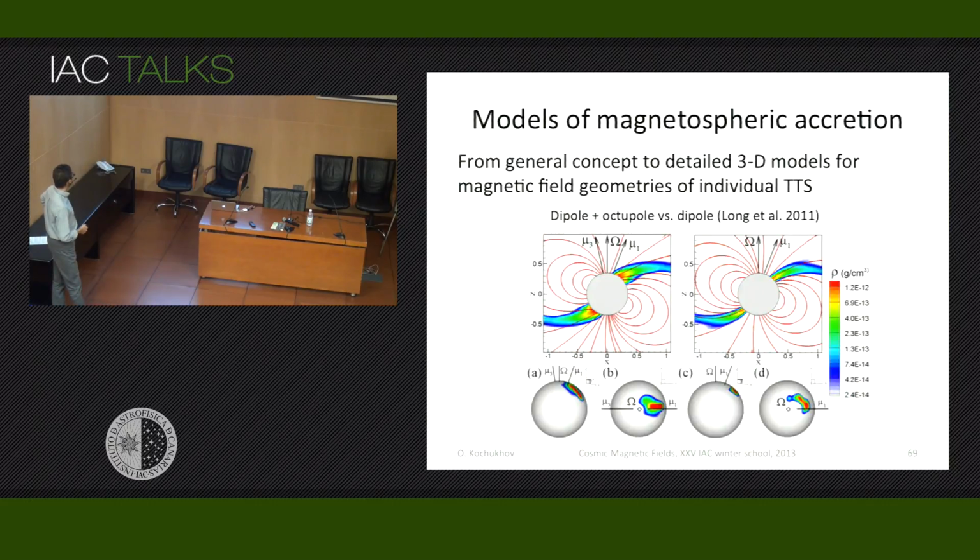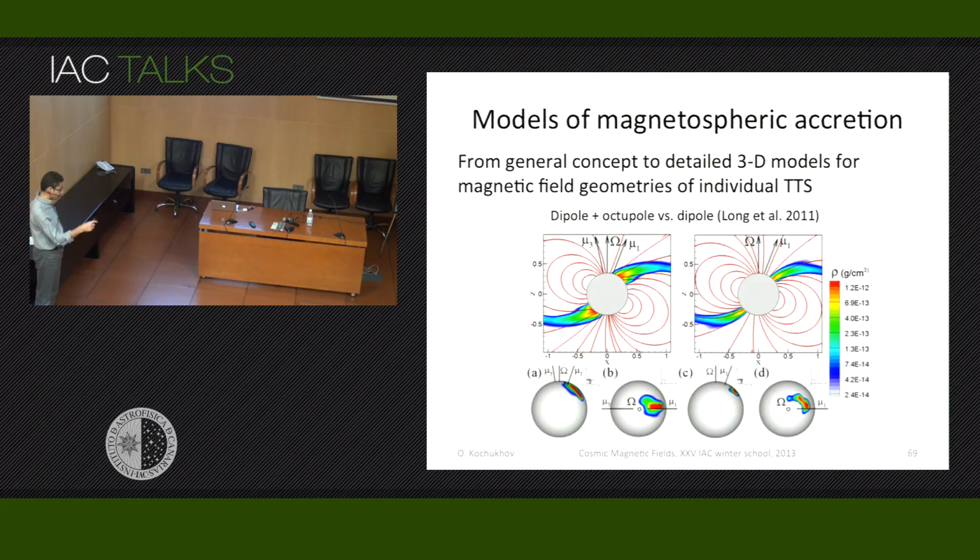And in more recent studies, they actually took real maps of T Tauri stars and tried to produce 3D models of accretion based on these maps. And this is an example of such a calculation where you see these bright spots.